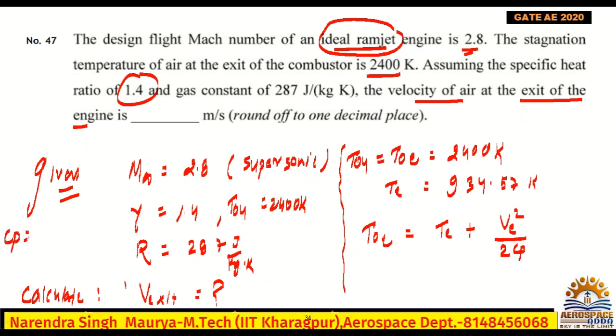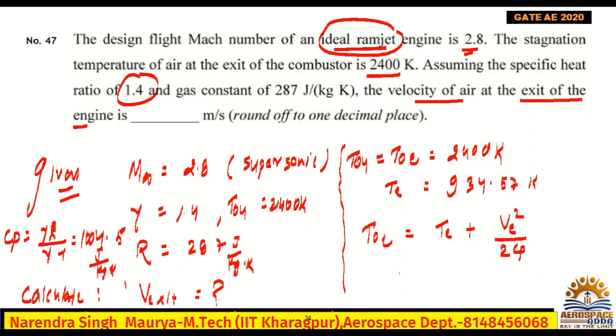Cp is nothing but gamma R divided by gamma minus 1. Gamma is 1.4, R is 287, divided by 1.4 minus 1. It is 1004.5 joule per kg Kelvin. So this is the R value and Cp value.